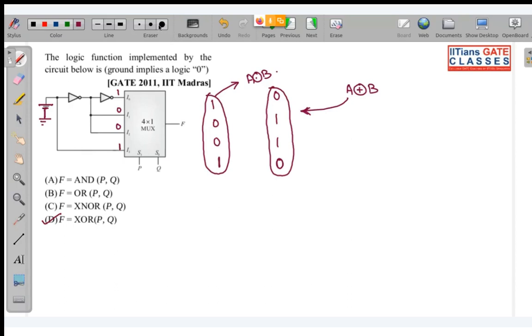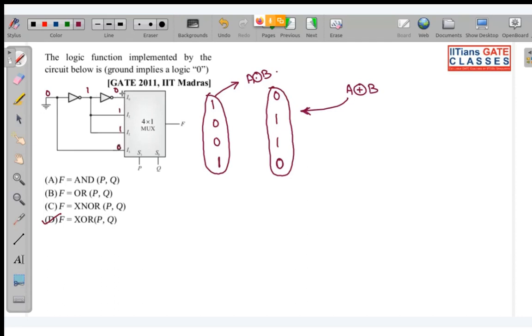See, I am telling what? Whatever is the input over here, input to this mux, see what is the corresponding logic gate for this. Like here in the first case, this is ground, so ground corresponds to 0 in digital logic. So when I pass this through inverter, this will be 1. When I again pass 1 through inverter, this will be 0. So this will be 1, this will be 1, over here it is 0 and this is 0.